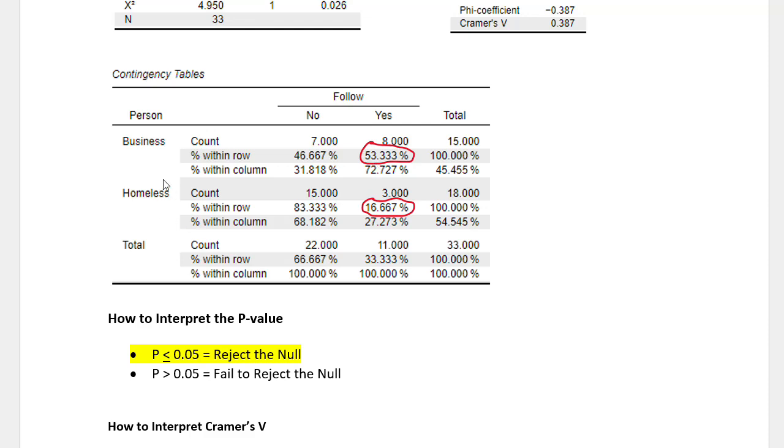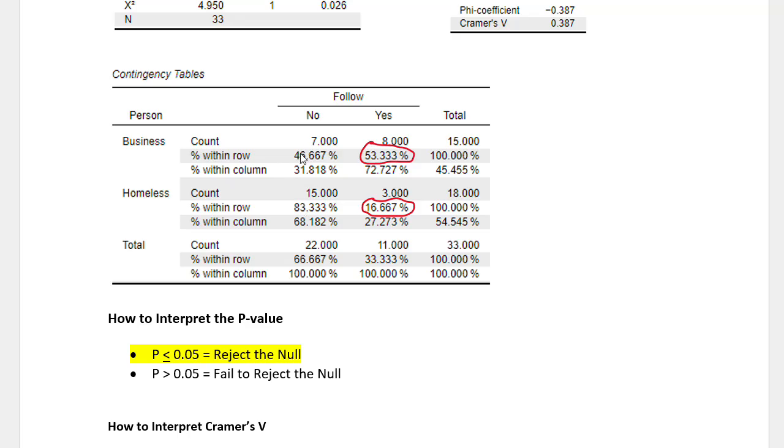But when the person was dressed like a homeless person, only 16.6%, so only about 17% of people, were likely to do the same. That shows there is a definite difference. You can also look at it in terms of, for the businessman, 46% didn't, whereas for the homeless person, 83% didn't. So you could also use that percentage. That's probably an even stronger percentage there.